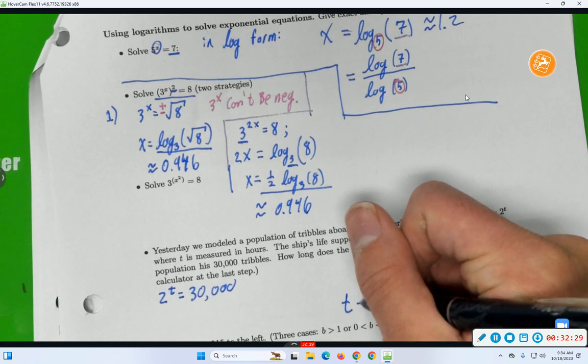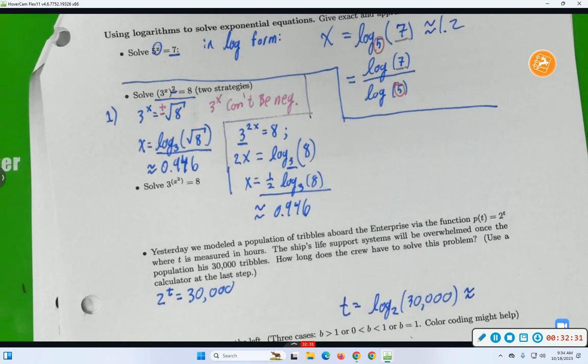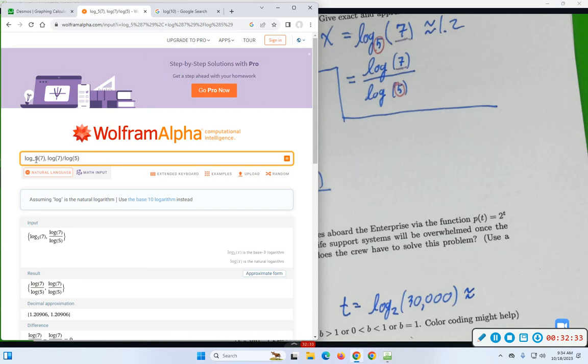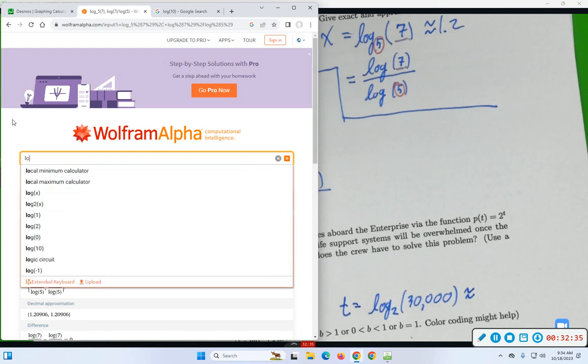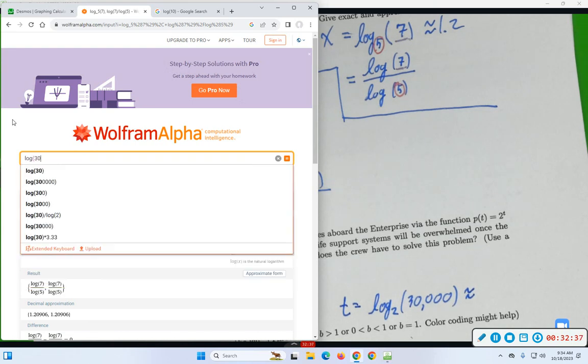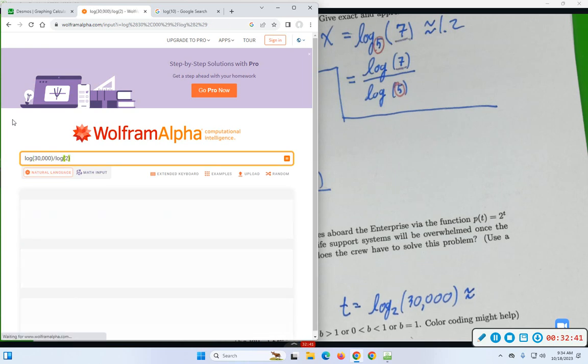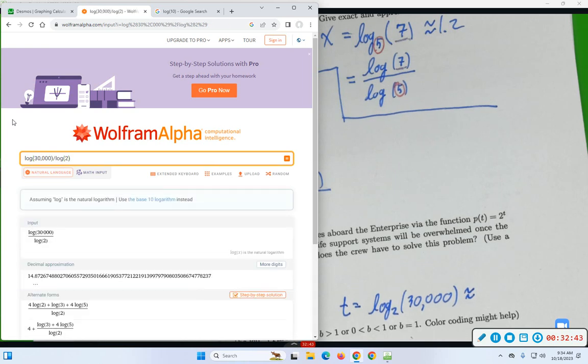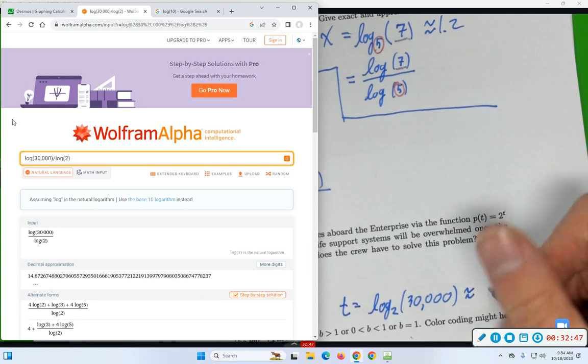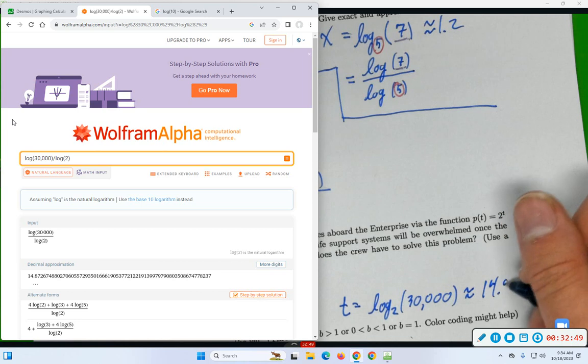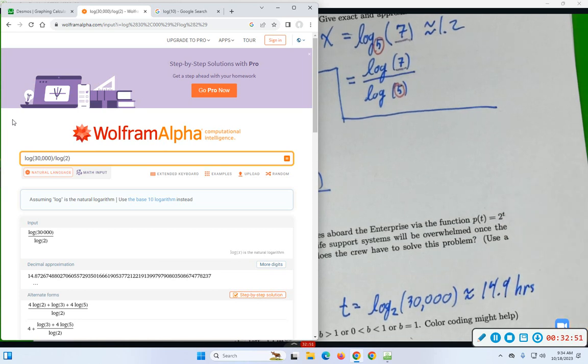So it will happen at time log base 2 of 40,000, which is, I'm going to continue using this notation just to reinforce it, at about 14.9 hours. Does that agree with other people's computation?